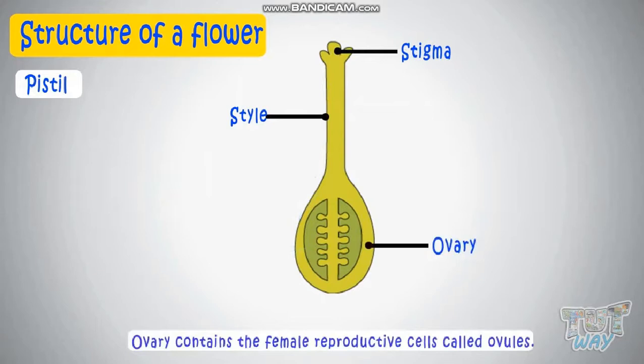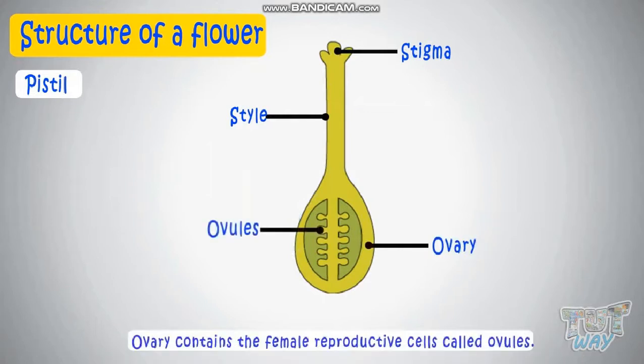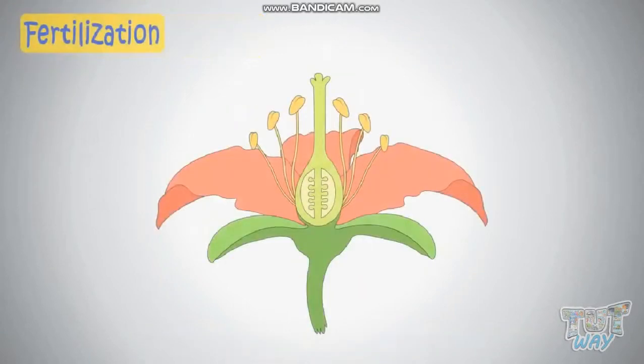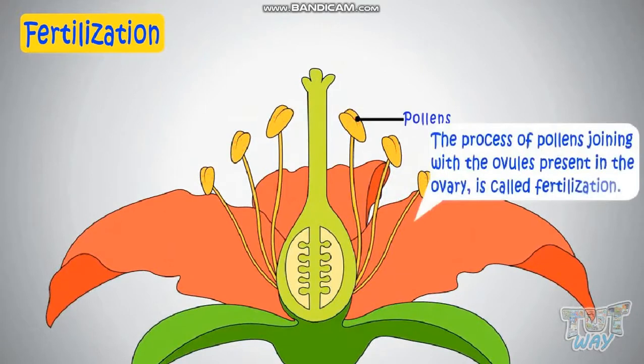Now what happens? The pollen grains come through the stigma and move to the ovary like this. See how the pollens are flying, and then moving towards the ovary.